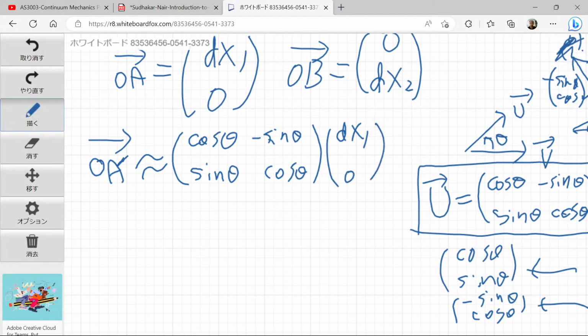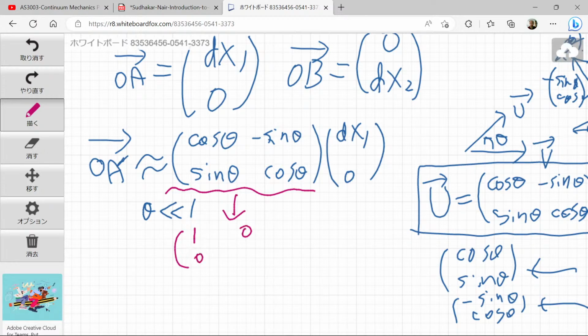So then you can see now the rotation is small. Okay, theta is much smaller than 1. Then this rotation matrix can be approximated to, sorry, 1, minus theta, theta, 1.